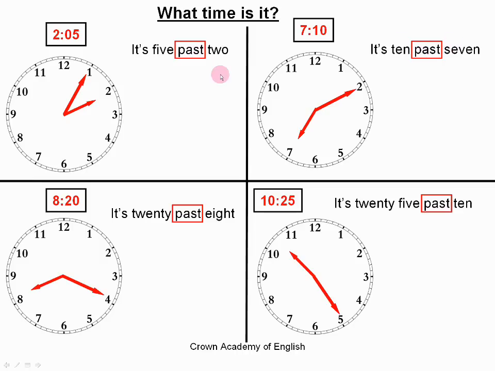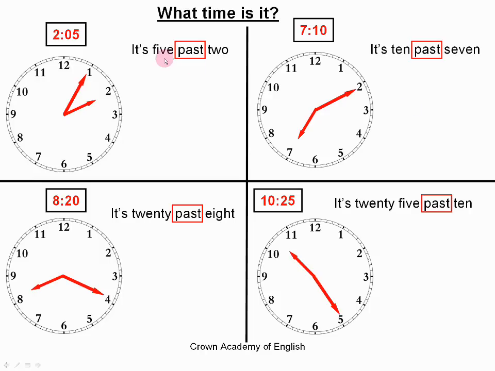And so we say past when we are telling the time when the number of minutes is between 1 and 30, 29. So it's this part of the clock. Okay, so it is this part. 2:05.